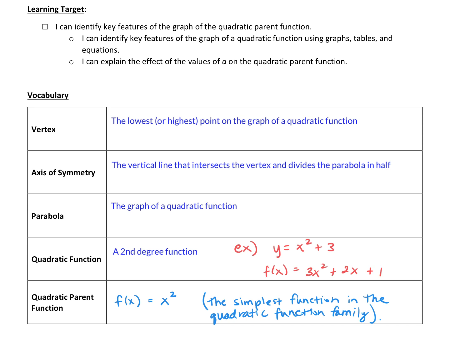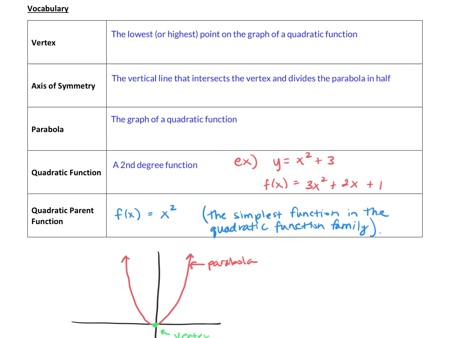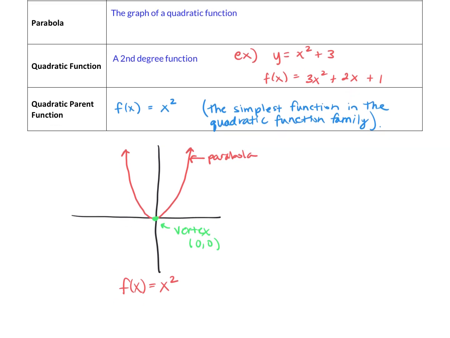So if we go back down to our parent function we're drawing in, the axis of symmetry, I'll draw it in green because I think that might stand out more, is going to intersect the vertex. That means it's going to be a vertical line going through the vertex just like that. So it actually is kind of hard to see, but right here is where I drew that vertical line. That's your axis of symmetry.